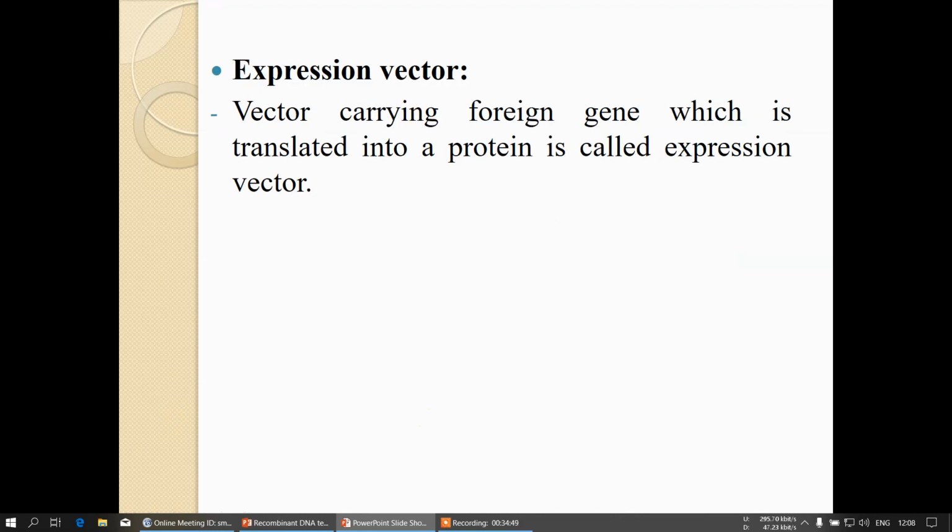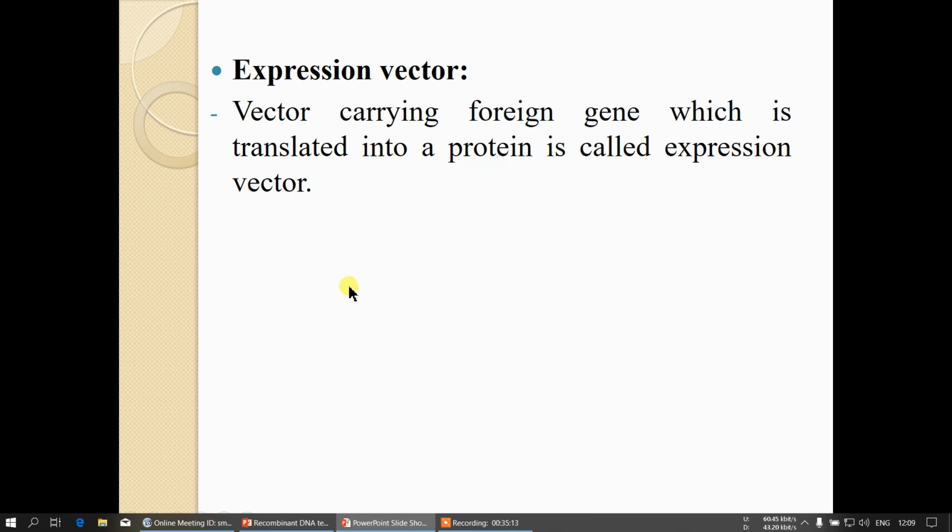Now another term is the expression vector. Express means to express the gene of the vector into mRNA and then into protein. So a vector carrying foreign DNA which is translated into protein is called an expression vector. Suppose we want to obtain the insulin protein.